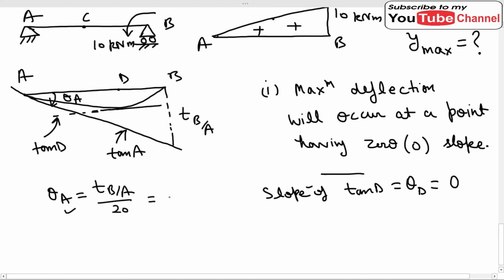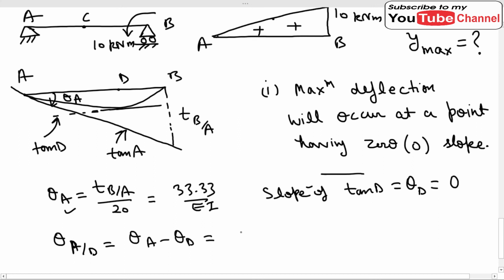Okay, and we know this value, and this value is equal to 33.33 upon EI. The other method to find out the theta A is theta A over D, and this will be equal to theta A minus theta D.